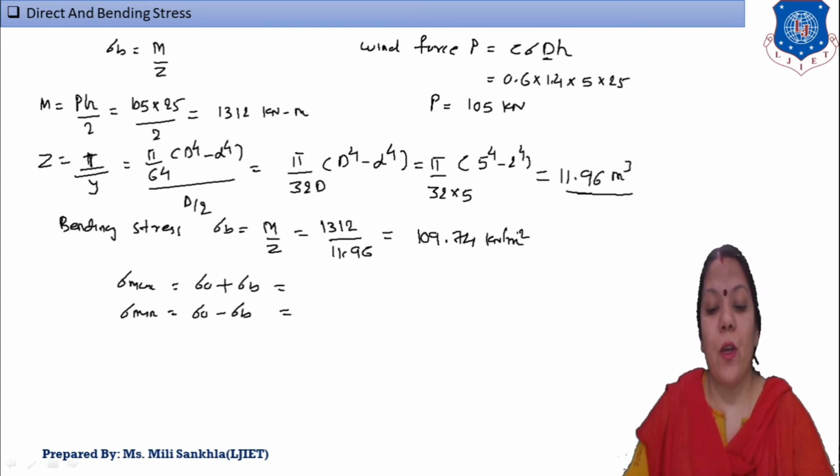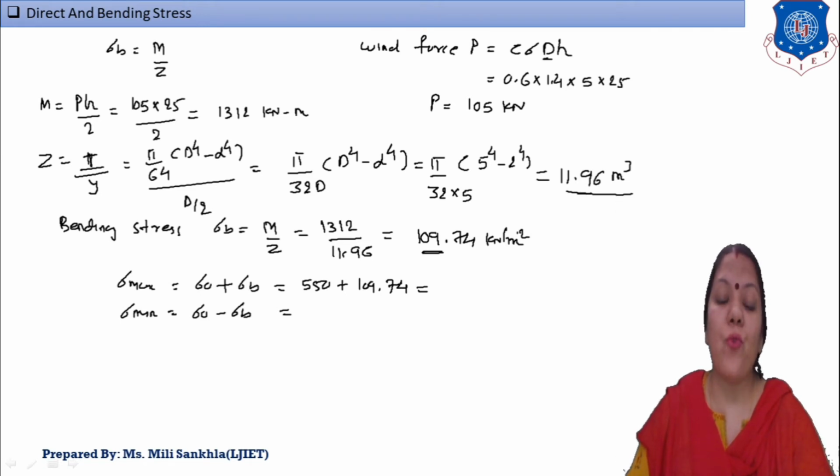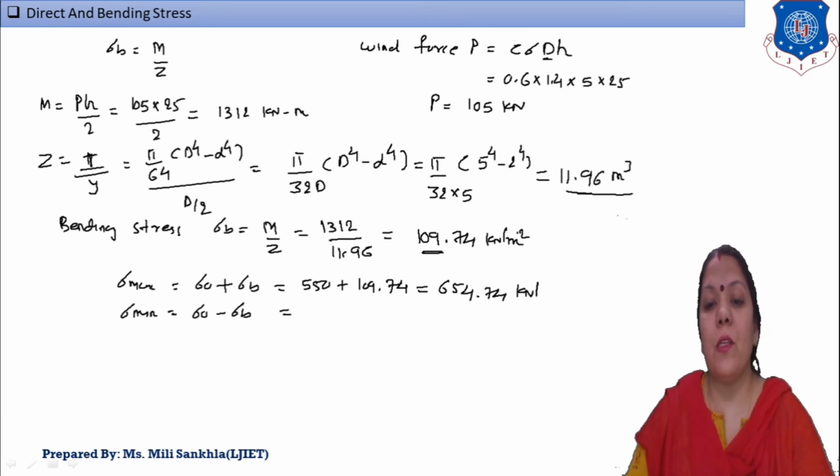Sigma 0 we found is equal to 550 plus sigma b we found, 109.74, and the summation of these two values is equal to 659.74, unit kilonewton per meter square, and this value is positive, so here we write down compressive force.